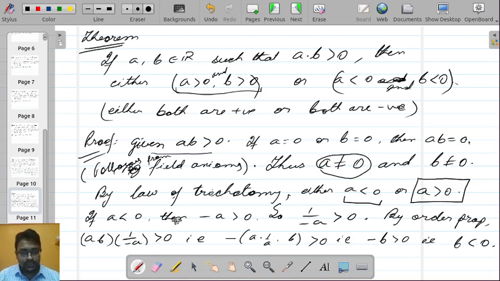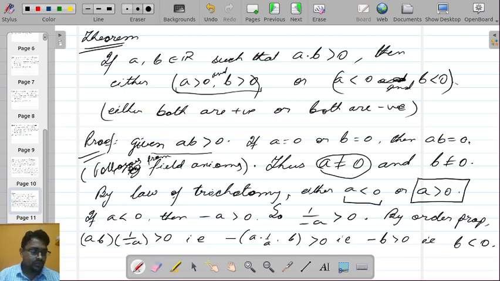If A is less than 0, then minus A is greater than 0. So minus 1 by minus A is greater than 0. So by order property, we have AB into minus 1 by minus A greater than 0, so that is minus B is greater than 0, that is B is less than 0. So this whole part again we can do simply.